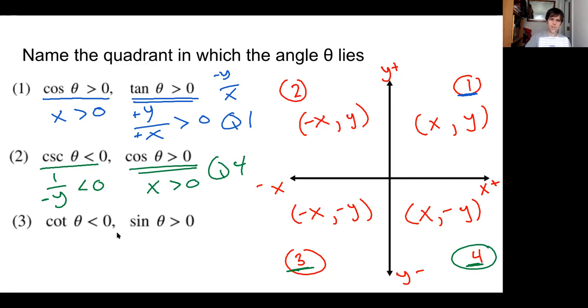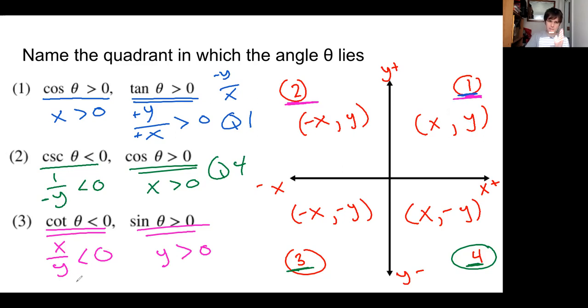And then our last one, going through it again, cotangent is less than 0. So cotangent is x over y. That one's got to be negative. I'm going to talk about that one in a second. This one here is a little bit more straightforward. Sine is greater than 0. So y is positive, which is going to place us in quadrant 2 or quadrant 1, where our y coordinate is positive.